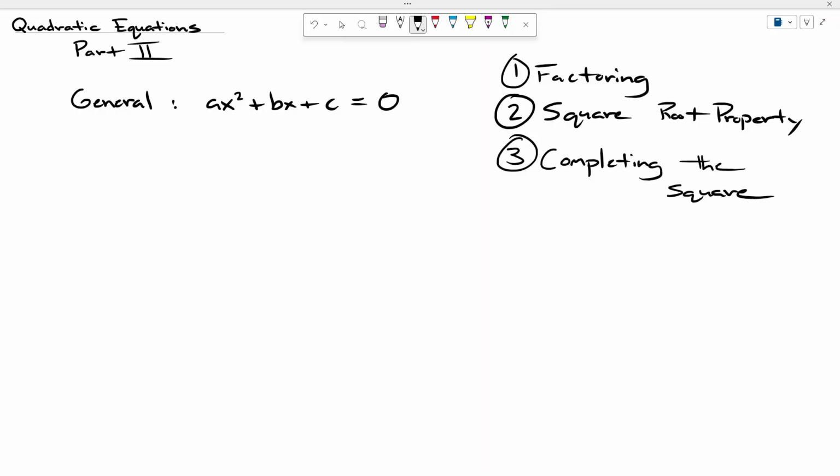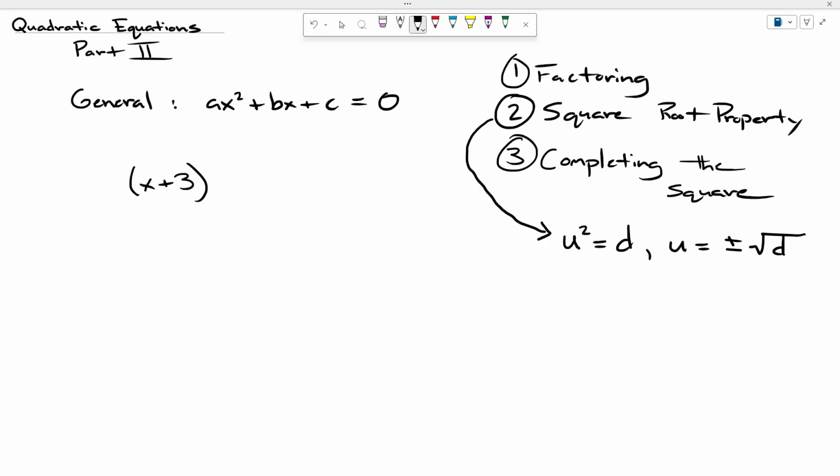Remember, that's where if we have something in the form u squared equals d, then u is equal to plus or minus the square root of d. All right, and we know how to solve ones like that, like where we had, say, x plus 3 squared equal to 16.